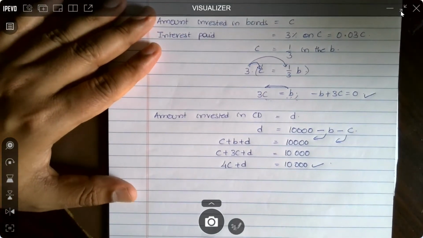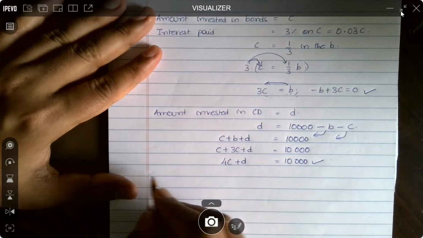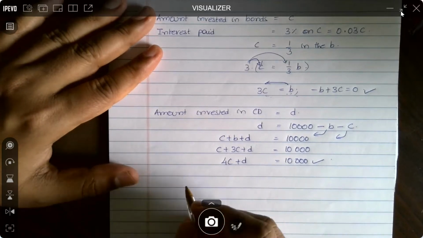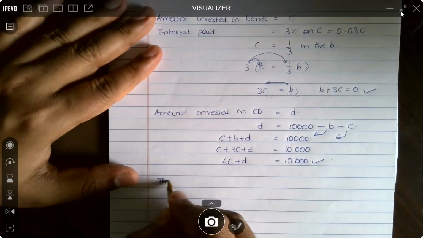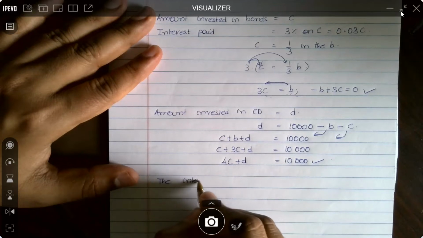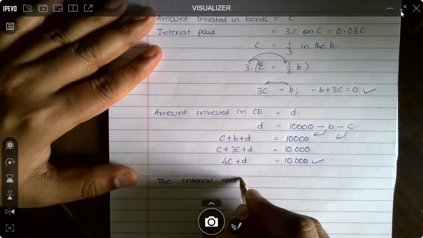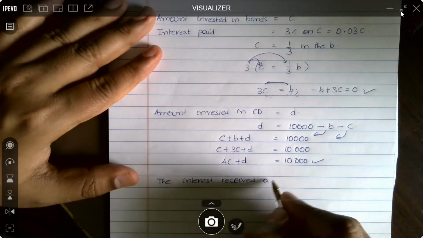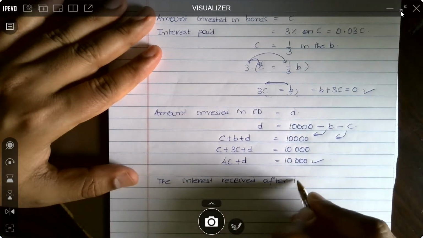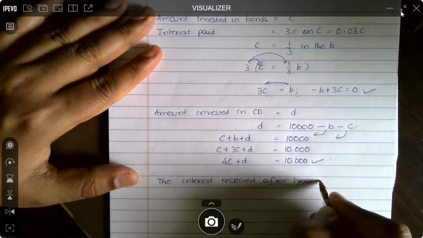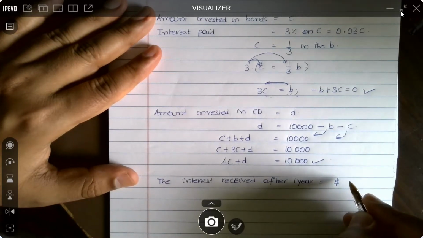Now the next part of the question says the interest received after 1 year is $845.